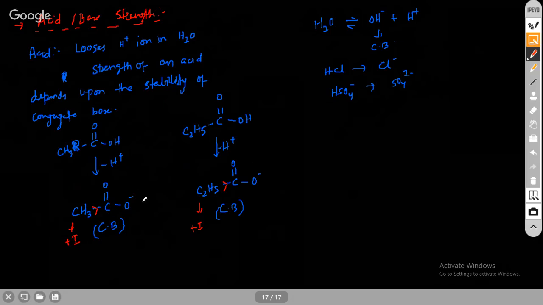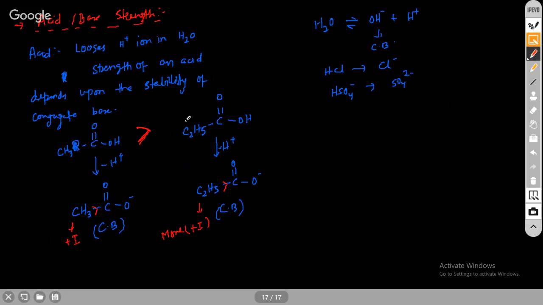These are the negative charge anions. So because of plus I, the stability decreases. But which one will show more plus I? C2H5. Larger group, C2H5 shows more plus I effect. So that's why the stability of this compound is lesser than this compound, and hence the acidic order is this. CH3COOH is more acidic than C2H5COOH.